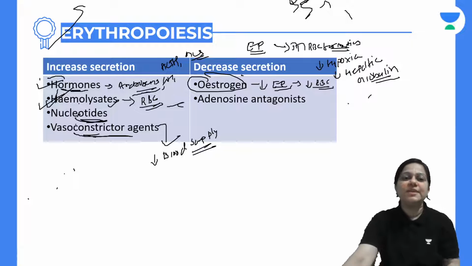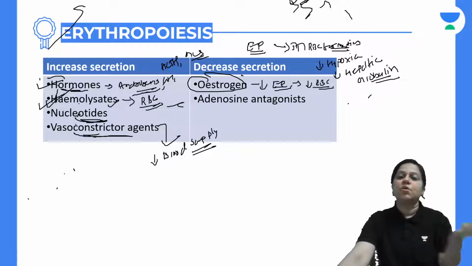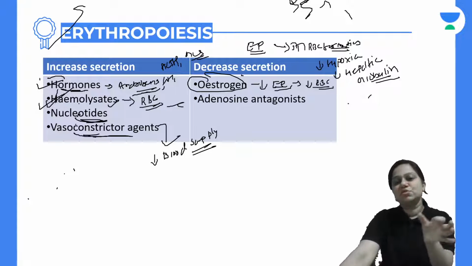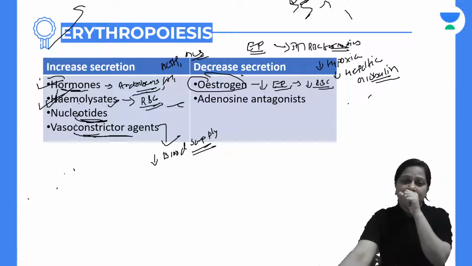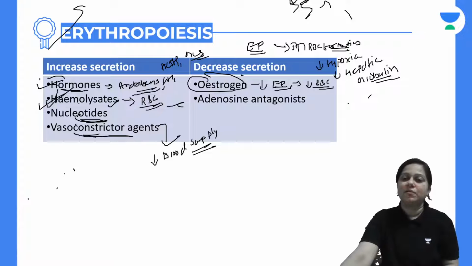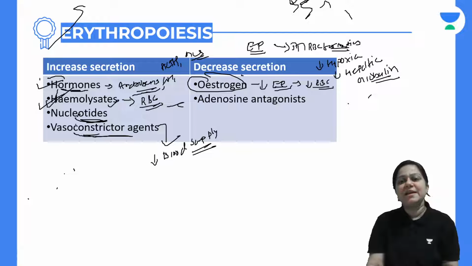Apart from these, the only hormone which decreases the secretion of erythropoietin is estrogen, and also certain medicines like adenosine antagonists such as theophylline. Theophylline decreases erythropoietin secretion.